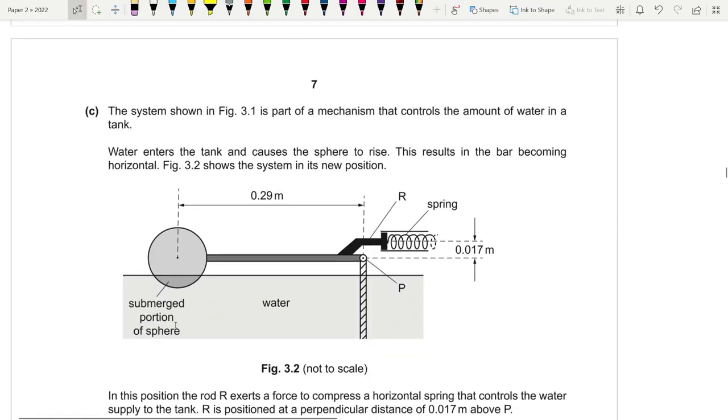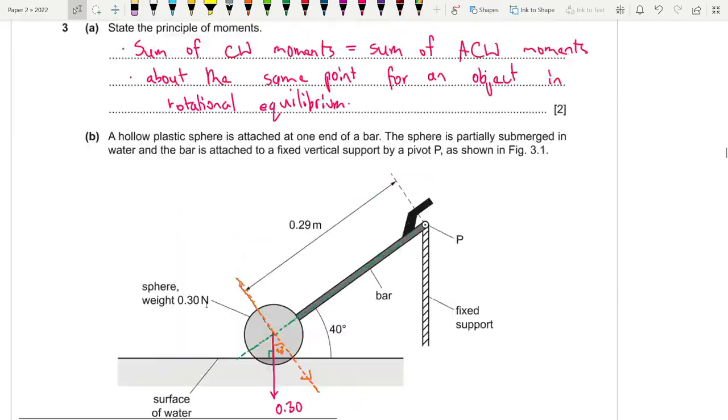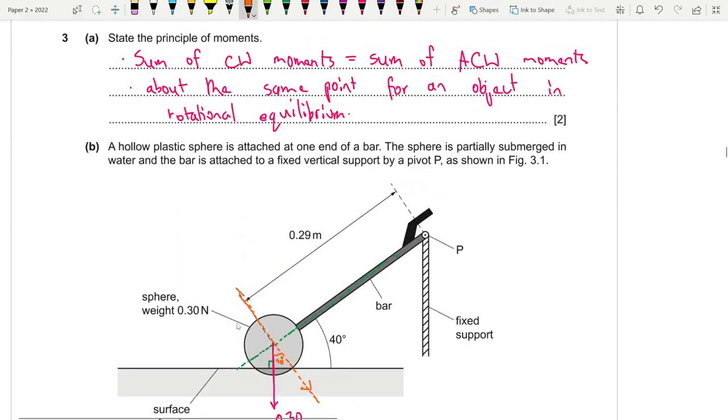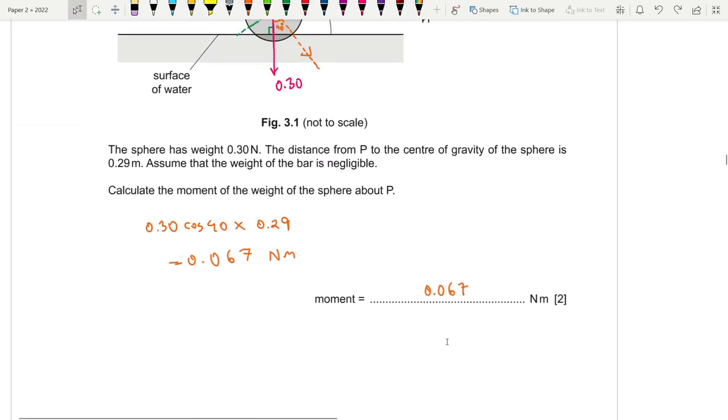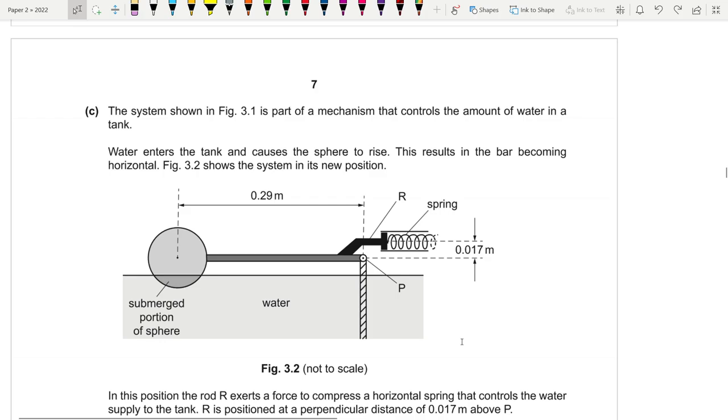Now the system shown in figure 3.1 is part of a mechanism that controls the amount of water in a tank. Water enters the tank and causes the sphere to rise. This results in the bar becoming horizontal. So basically the ball rises, P descends, and the system becomes horizontal.